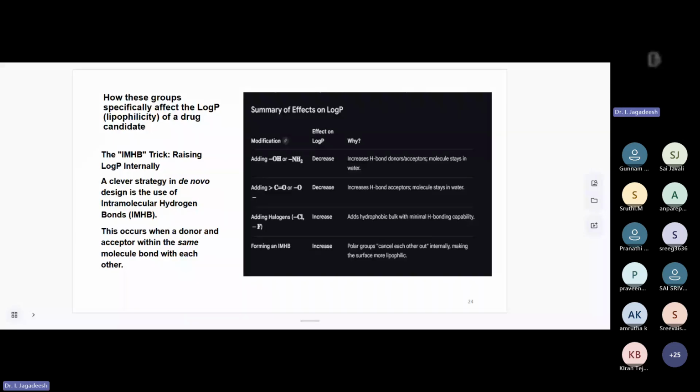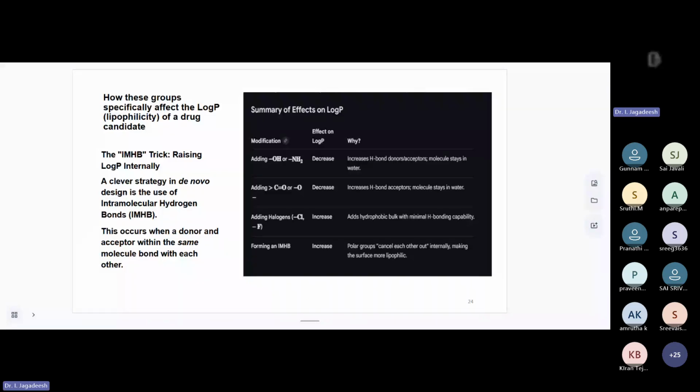The hydroxyl group has one hydrogen donor and one oxygen acceptor. The primary amine has two hydrogens and one acceptor, nitrogen. Similarly, adding C=O or O decreases the log P value and increases the hydrogen bond acceptors, so the molecule stays in the water.